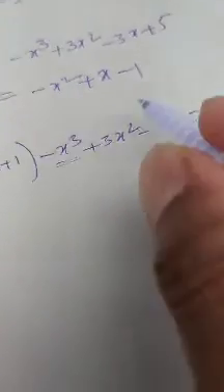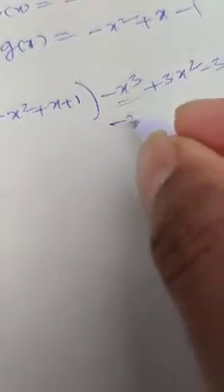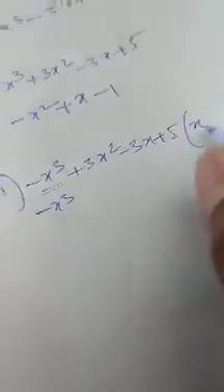X square, how many times will it go? X times. So I got x. First term of the quotient is x. Multiply x with all these terms. X into minus x square, minus x cube. X into plus x, plus x square. X into 1, plus x. It becomes plus, minus minus cancel.